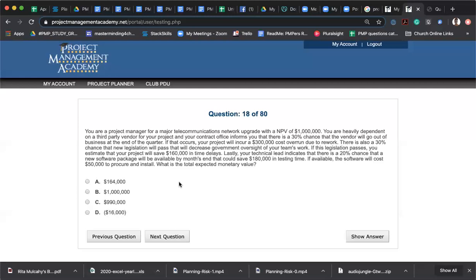No. You're supposed to multiply by 0.2 first and then subtract out whatever you're doing, right? So you got to times the software cost by 20% too? Mm-hmm. Okay, so you're just basically doing 180 minus 50 times 20%.